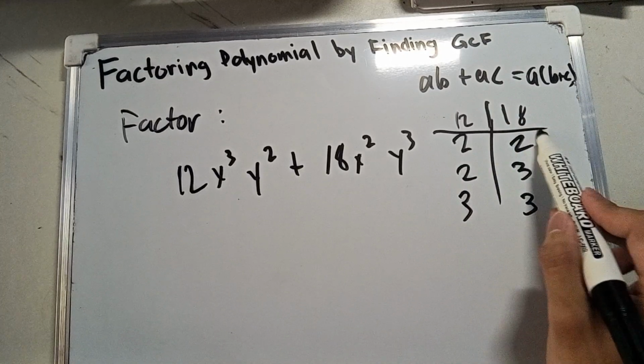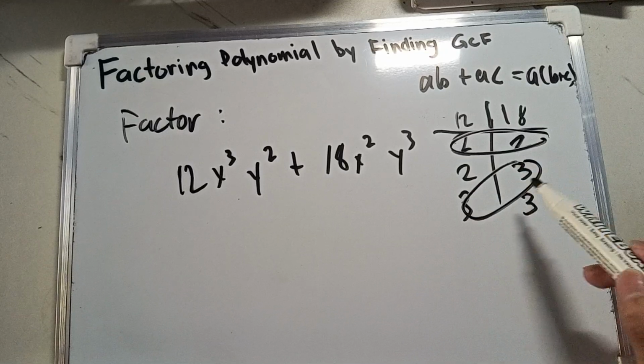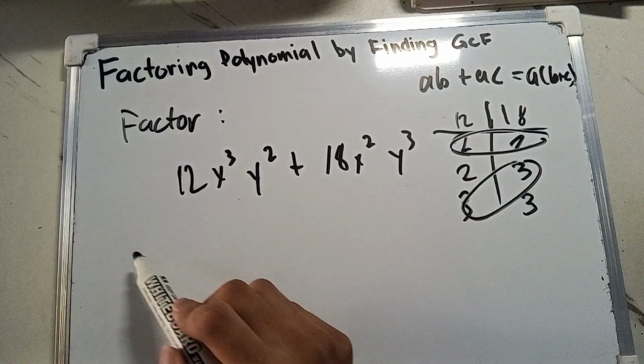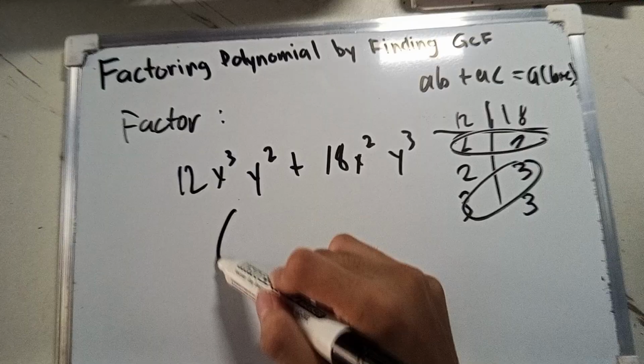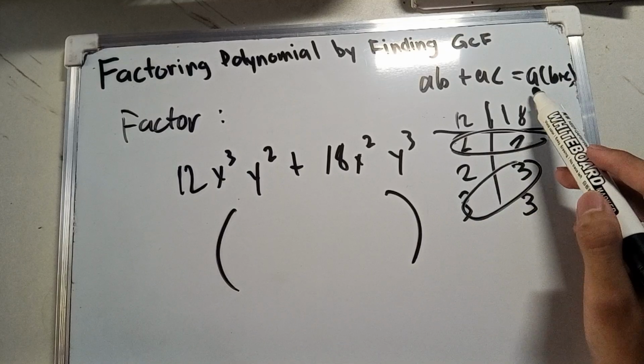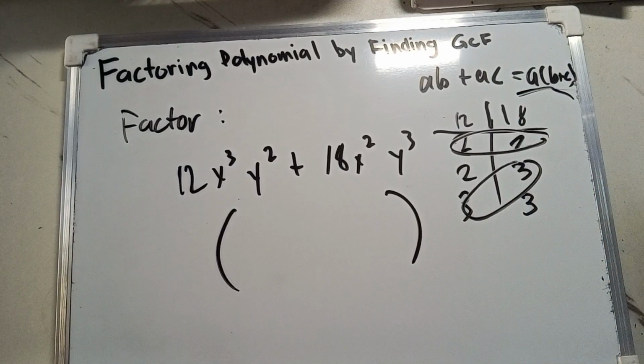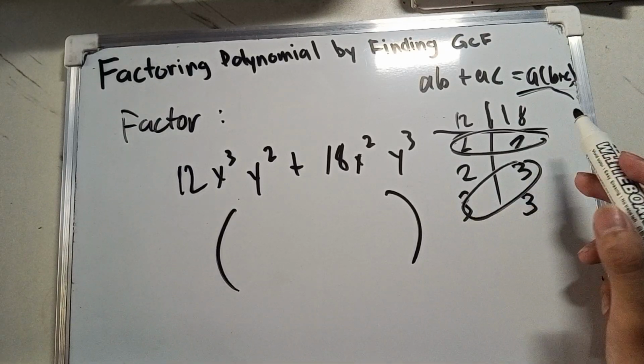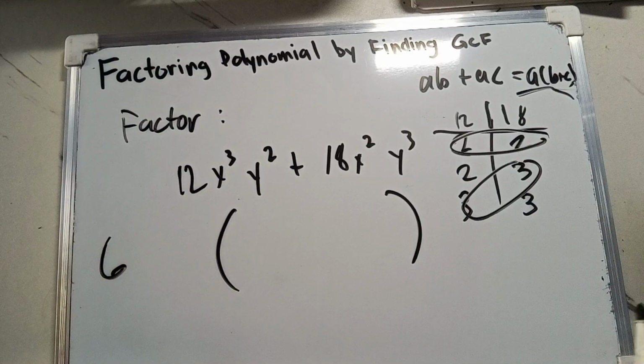That is 2 and 3. So 2 times 3 is 6. First we need to put a bracket here and put 6 outside the parentheses, since 6 is the common factor.